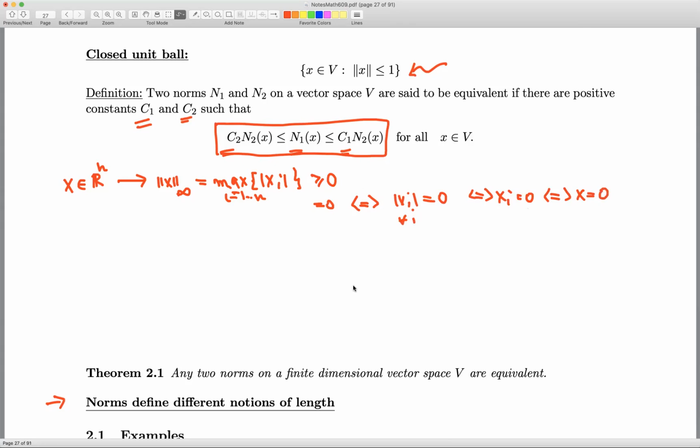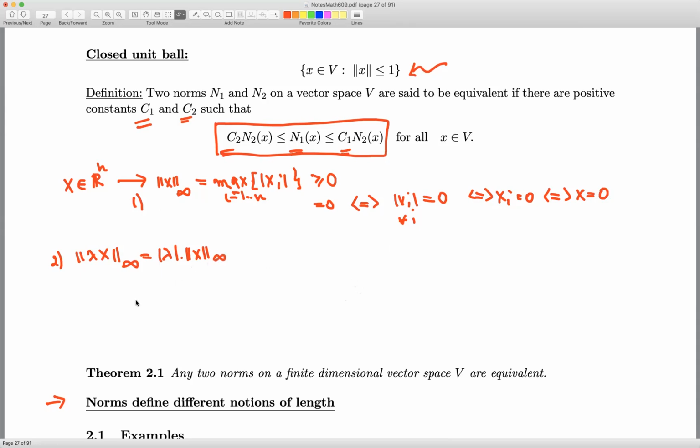Now to show the second condition, so the first condition is satisfied. The second condition of a mapping being a norm: we have to show that the infinity norm of lambda x is equal to the absolute value of lambda times the infinity norm of x.